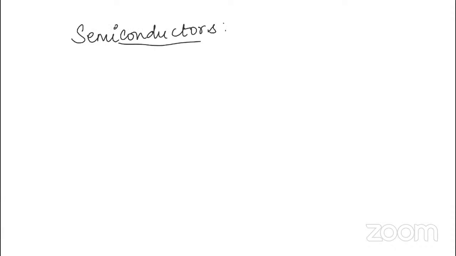So now, the examples of semiconductors. The main ones used are silicon and germanium.